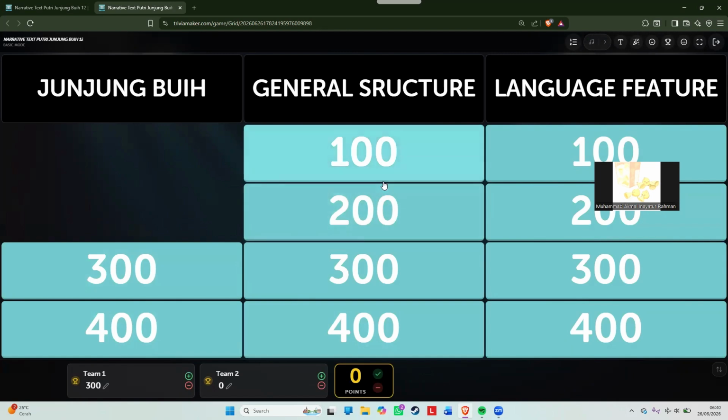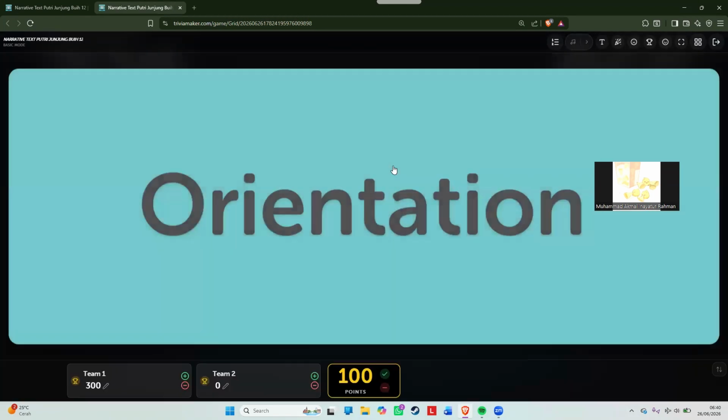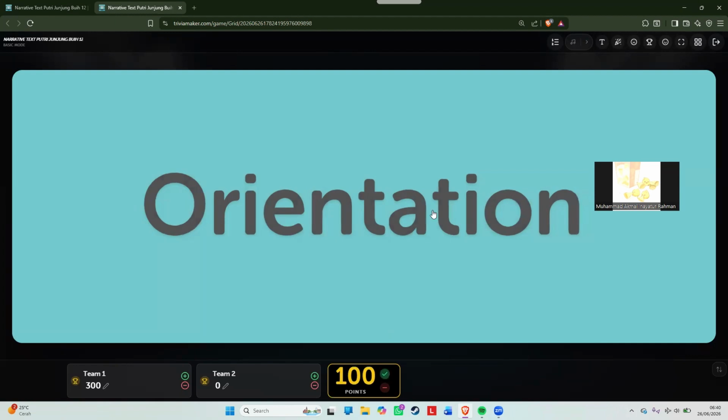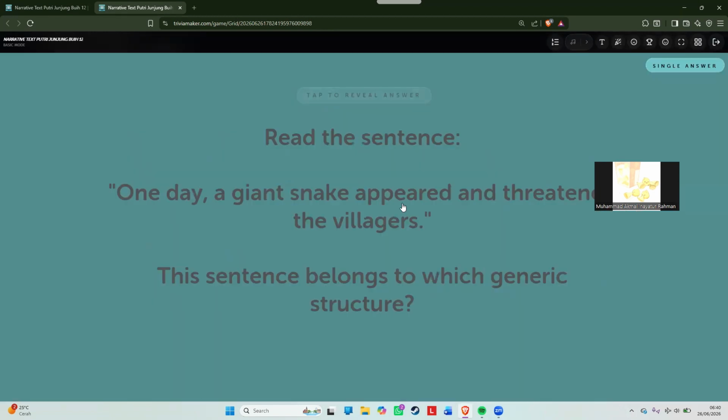But imagine, team two: in which part of a narrative text would you most likely find information about who, where, and when the story happens? Then they say that it is orientation. Actually that is correct. Then the second one: read the sentence.